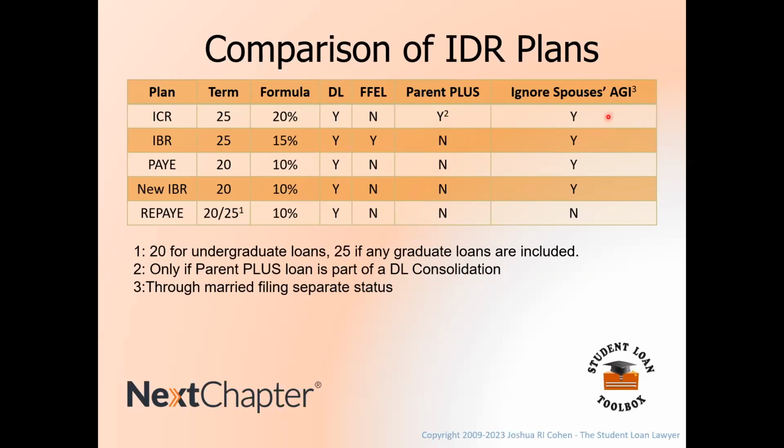Can you ignore the spouse's income? I just mentioned that. Footnote 3. If the borrower is married but files taxes separately, then we can use just the borrower's income. There are other manipulations available. REPAYE, unfortunately, however, it doesn't matter how you file, they look at both of your incomes. So, this is your cheat sheet.